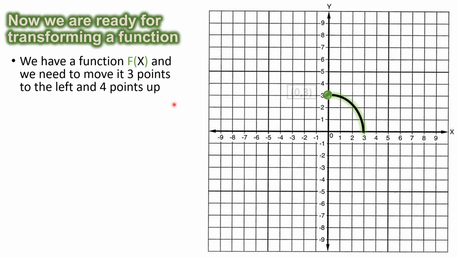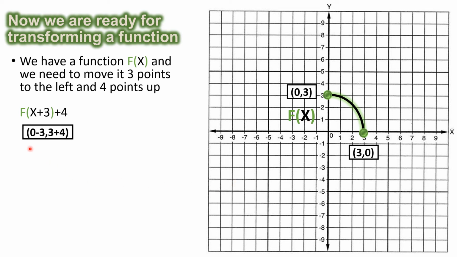We have a function f of x and we need to move it 3 points to the left and 4 points up. Okay, negative 3 and 0, then 3 and 0. To the left, that means we need to go to negative infinity, so we add positive 3 to the x inside the bracket, and we need to move it 4 points up, so we add 4 to all of the f of x. Okay, for the first point, we subtract 3 from x and add 4 to the y.